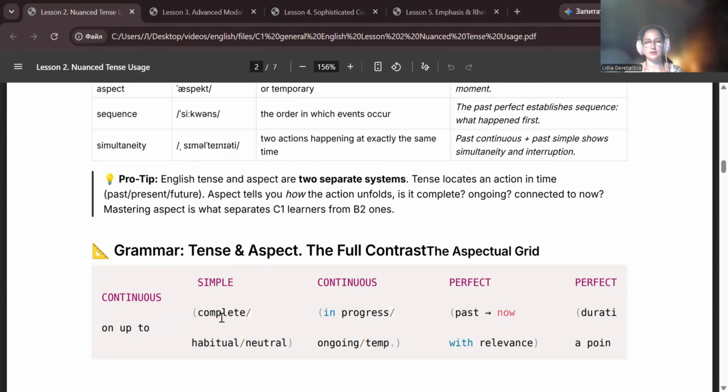Simple, complete, habitual, neutral. Continuous is in progress, ongoing, temporary. Perfect, past, now with relevance. Perfect continuous, duration up to a point.